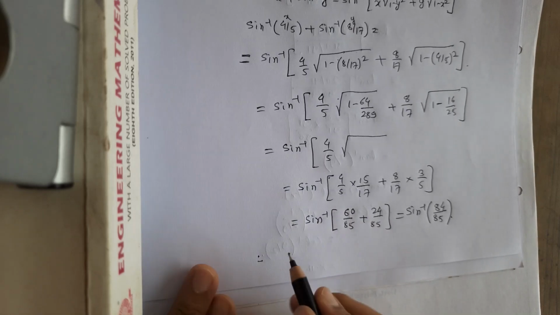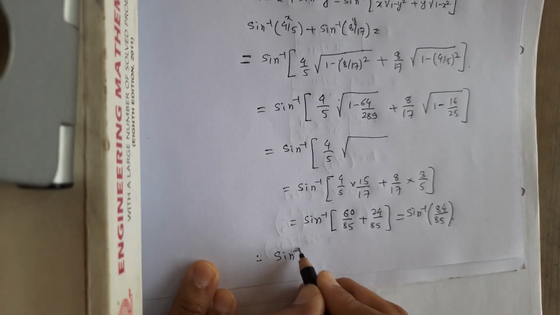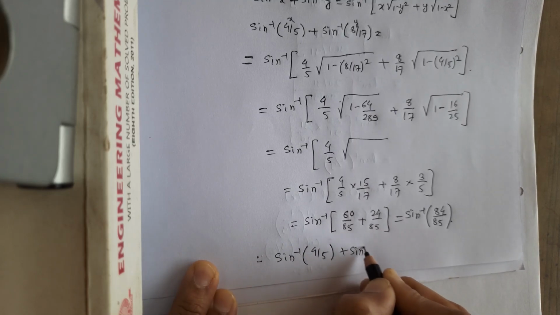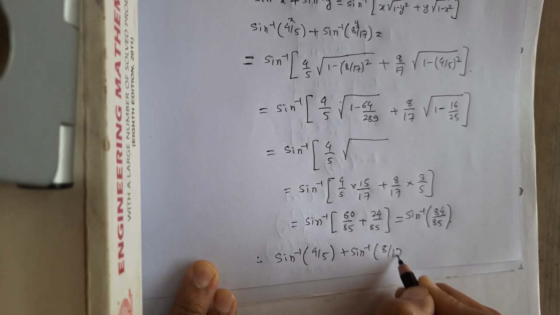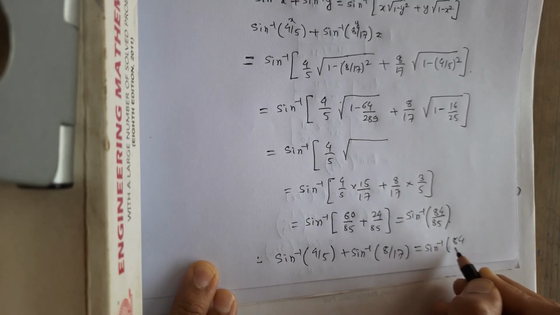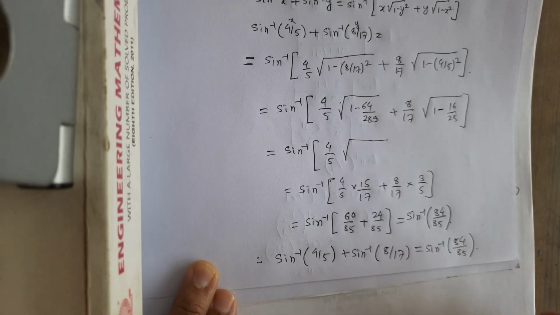So therefore I write here sine inverse 4 by 5 plus sine inverse 8 by 17 is equal to sine inverse 84 upon 85.